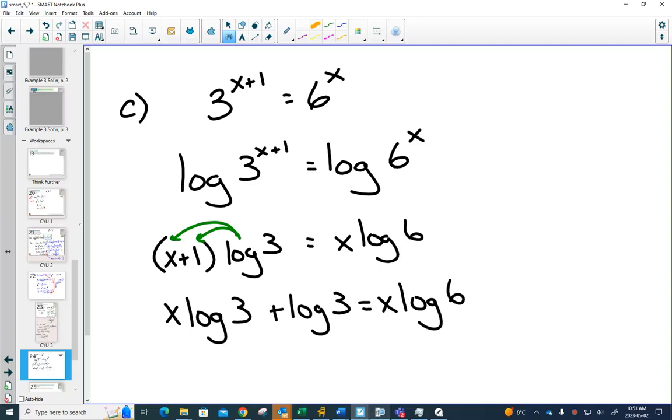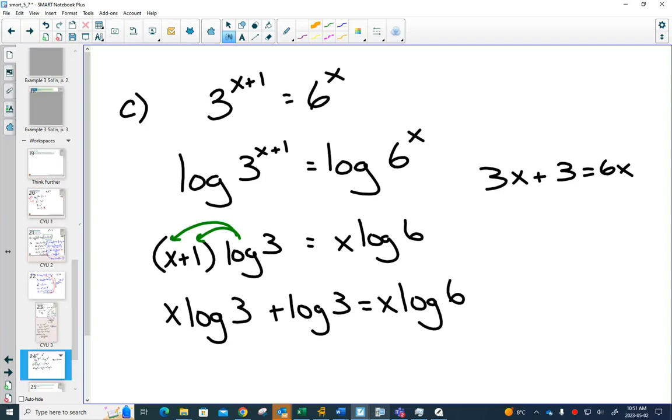So instead of writing log, I'm just going to pretend this number's a 3, this number's a 3, this number's a 6. If you had 3x plus 3 equals 6x, could you tell me how to solve that? You'd be like, yeah, that's like some of the easiest math that I know. I just combine my like terms and solve for x. That would be easy.